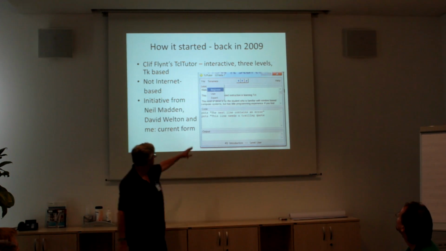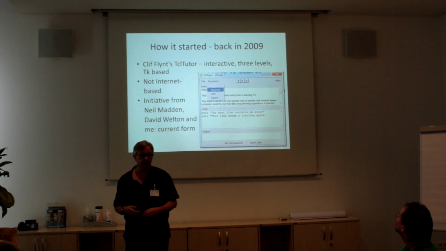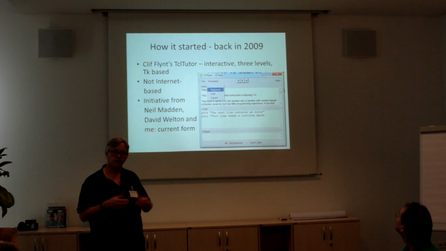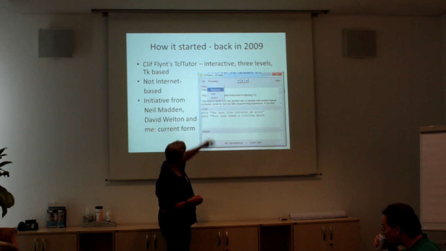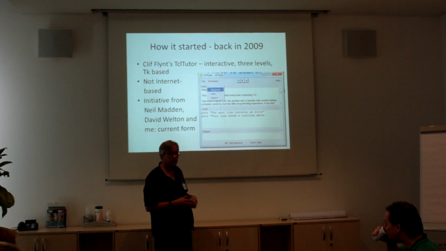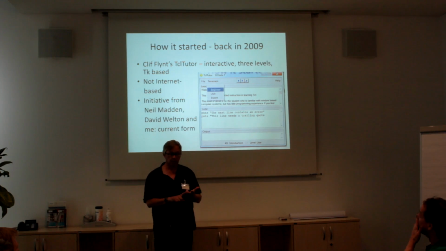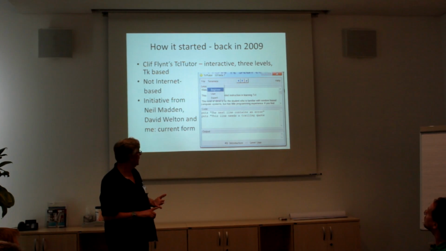You can type in any code you want, and you can look at the output from that. So it's very convenient if you have a desktop running TclOO. Another thing which is quite unique, in fact, is that it has 3 levels. A beginner's level, somebody who's used to TclOO but wants to know the details, and an expert level.